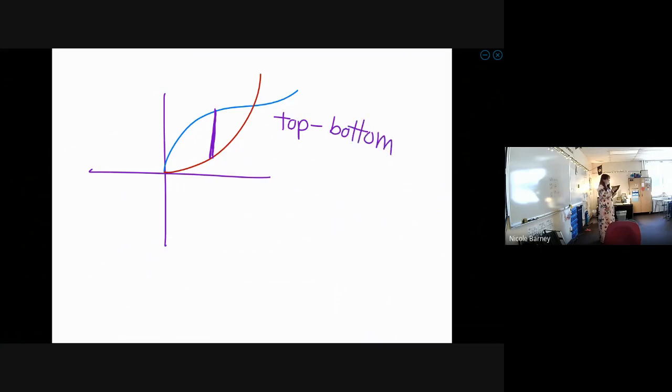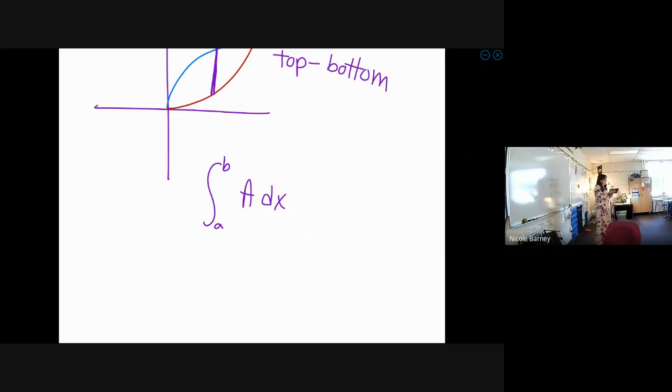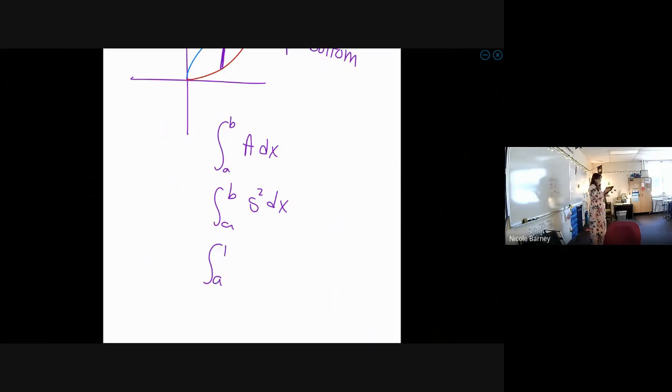So the integral from a to b of the area of the base dx. Well, the area of a square is side squared, so it would be the integral from a to b of side squared dx. What is the side of that square? The side of that square is top curve minus bottom curve.